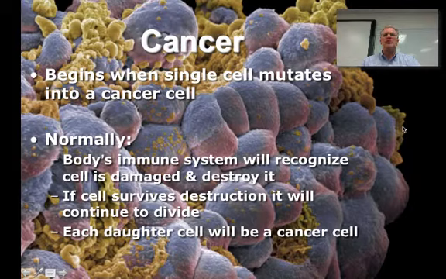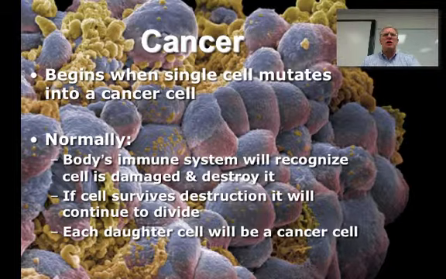So cancer begins when a single cell mutates into a cancer cell. Now, fortunately, the body's immune system will normally recognize that the cell is damaged or not normal, and our immune system will typically take care of that by destroying that cell.